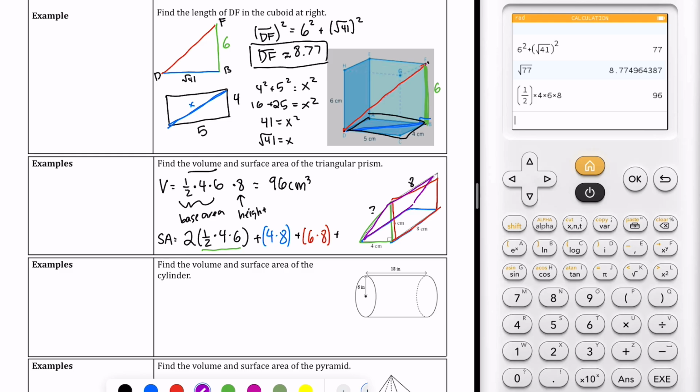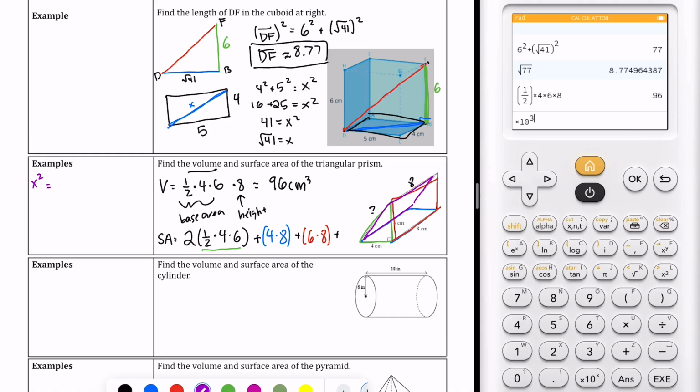So to find that, I'm just going to do this off to the side. What is the missing length we don't have? Well, we have a right triangle, back to this right here. If we want that missing length, we'll just do 4 squared plus 6 squared and square root it. I'll call it x.